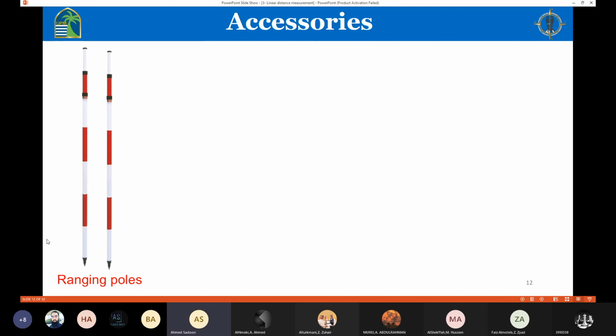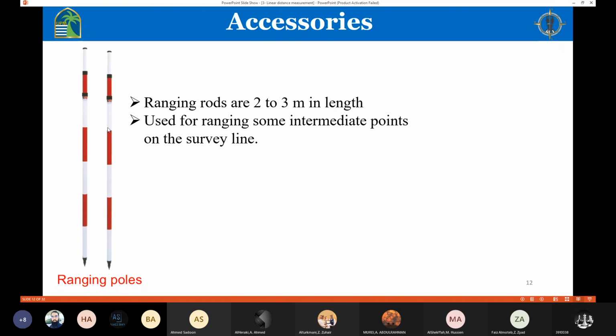Also, we have the ranging poles. The ranging poles are 2 to 3 meters in length. We have two types: ranging poles of 2 meters and another one of 3 meters. They are used for marking some intermediate points on the survey line. Sometimes the required distance is more than the length of the tape.